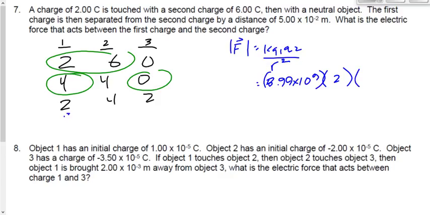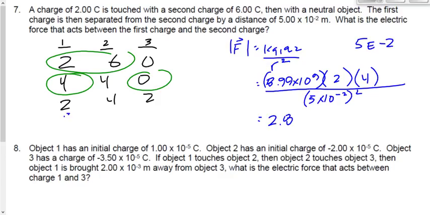The second one is 4 divided by 5 times 10 to the negative 2, and we got to square that. Remember, on your calculator, that's 5, second function, EE neg 2. That's the best way to do it. Can we do the math there? It's going to give us 2.88 times 10 to the 13.